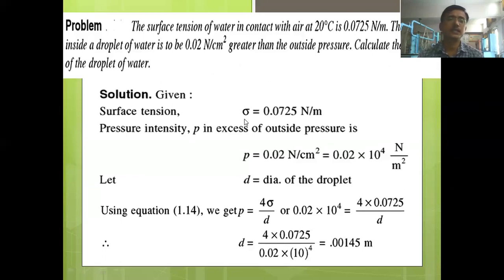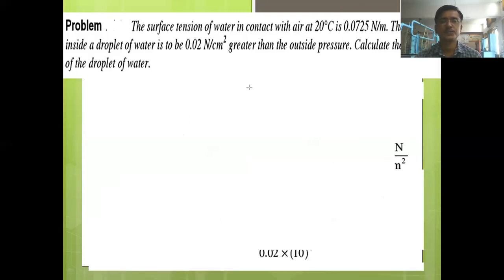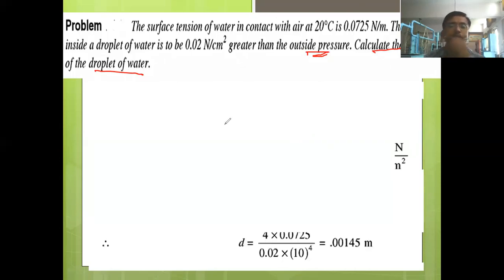The pressure inside a droplet of water is to be 0.02 Newton per centimeter square greater than the outside pressure. Calculate the diameter of the droplet of water.